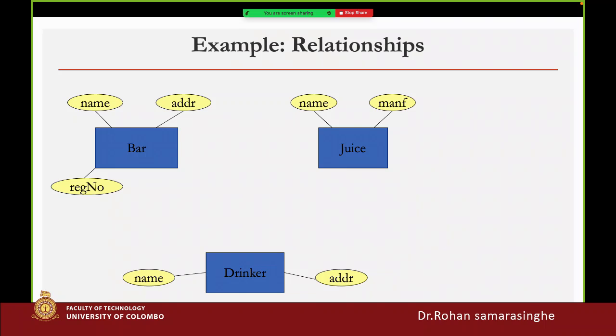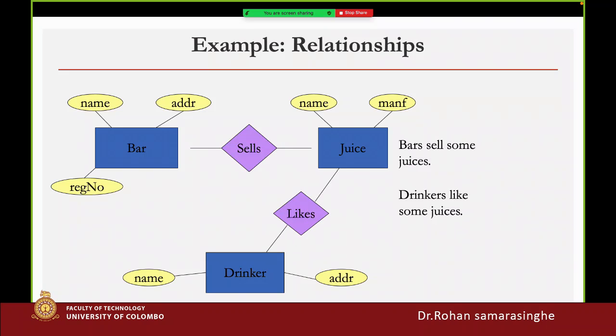the persons who come to drink those juices. So name and address of this. When we can have a relationship like this, juice bar sells juice.